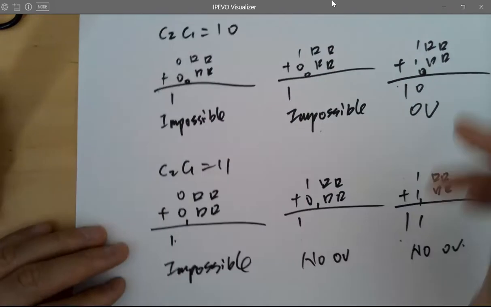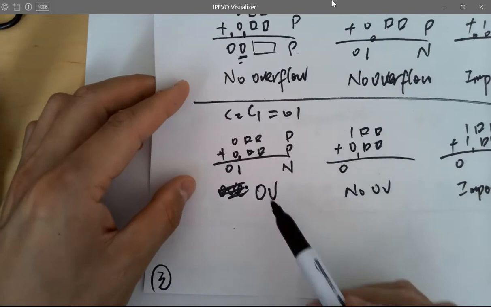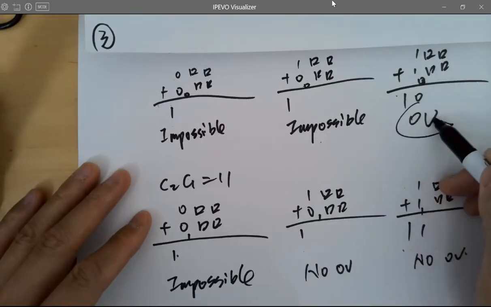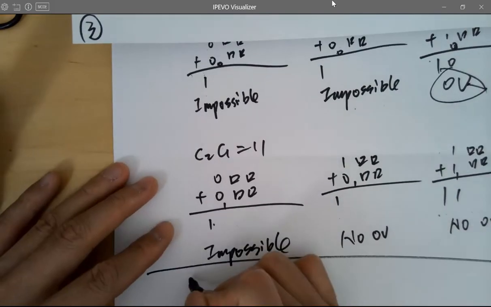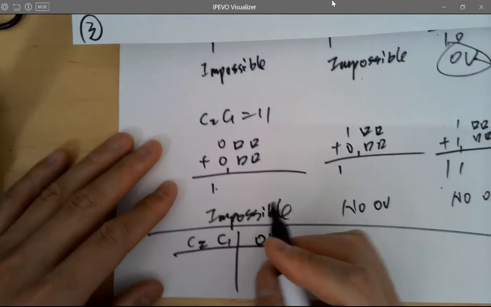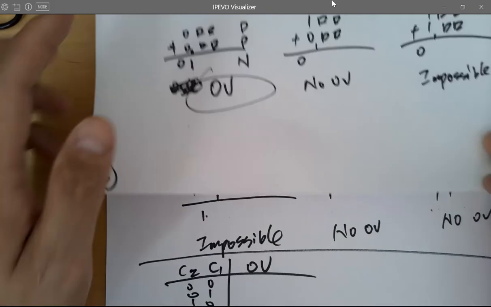So when we look at all these C2, C1 combinations, overflow happens here and here, only 2 cases, right? If you write down the logic equation, C2, C1, and OV, you're getting 0, 0, 0, 1, 1, 0, 1, 1, all these different cases.